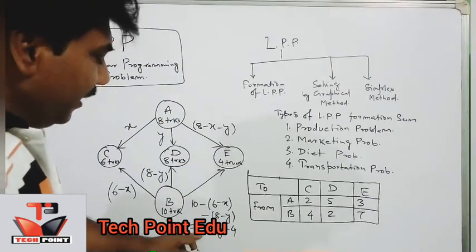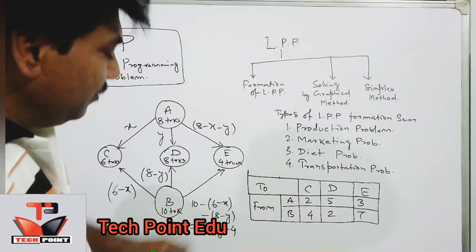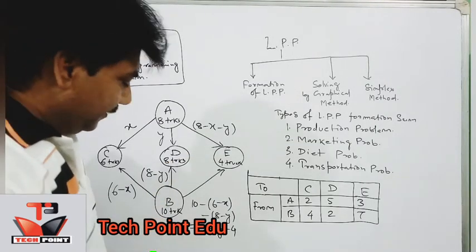That means this many trucks B will send to E.